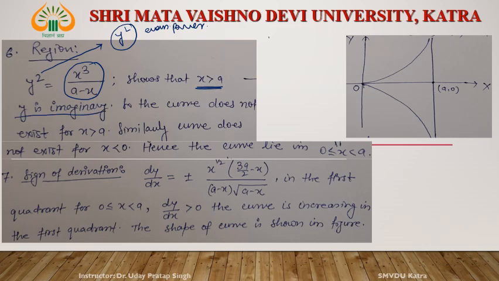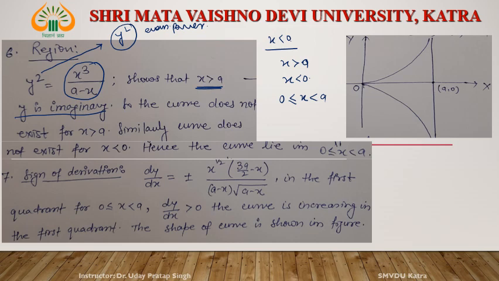Similarly, if x is less than 0, then the numerator is negative, and in this case y is imaginary. So the curve does not exist for x greater than a, and does not exist for x less than 0. Then what is the region? x greater than 0 and less than a. It is possible that x equals 0 also: if x equals 0, then y is equal to 0, since the curve passes through the origin.